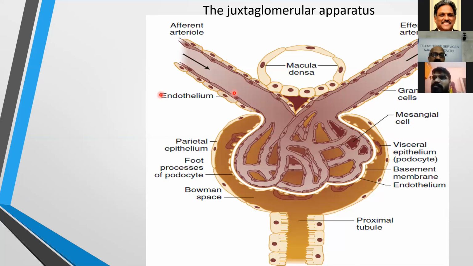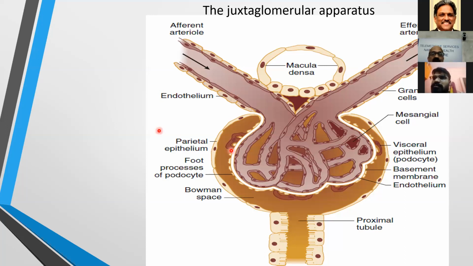And at the glomerular membrane, you have the capillary endothelium, which is in touch with the basement membrane of the glomerular capsule. And then you have the visceral epithelium of the Bowman's capsule, and then the parietal epithelium.